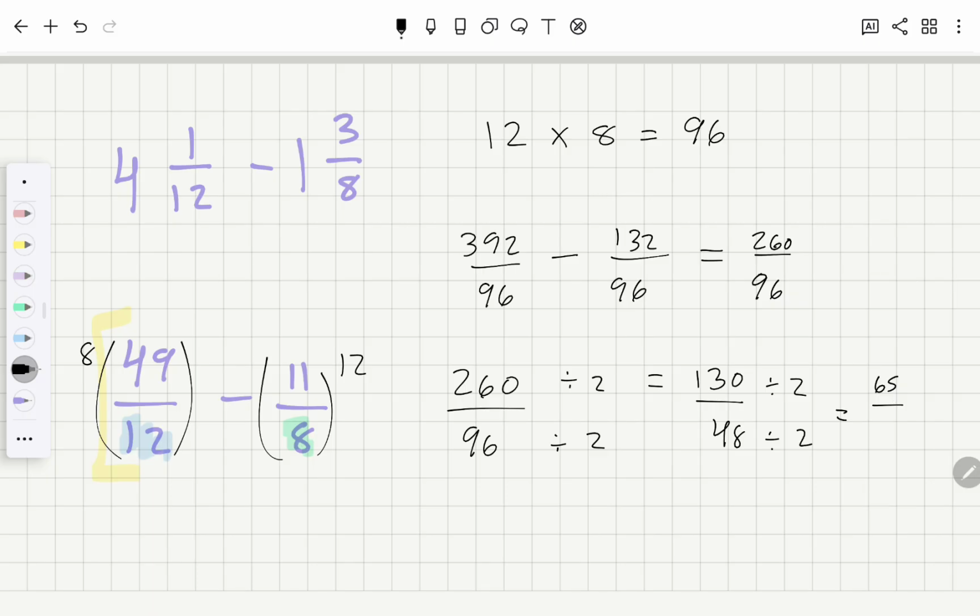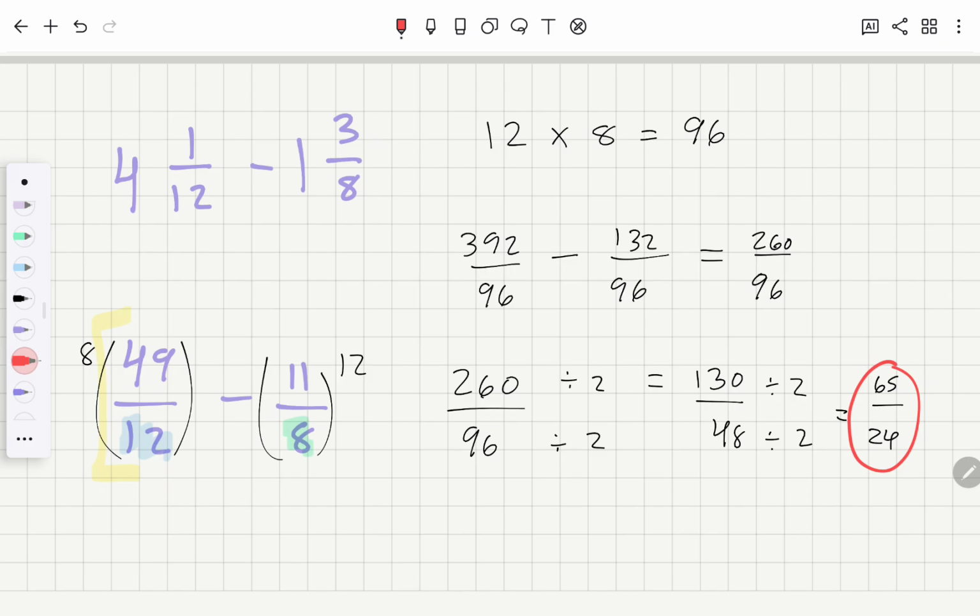And 48 divided by 2 is 24. Alright, and I know that there are no common factors between 65 and 24. So our answer is 65 over 24, and I can rewrite that as a mixed number, or a mixed fraction.